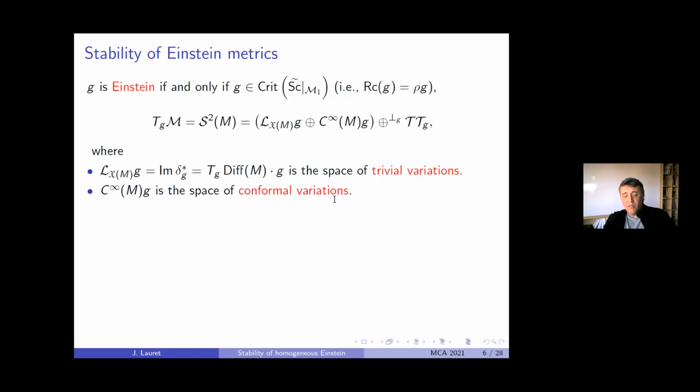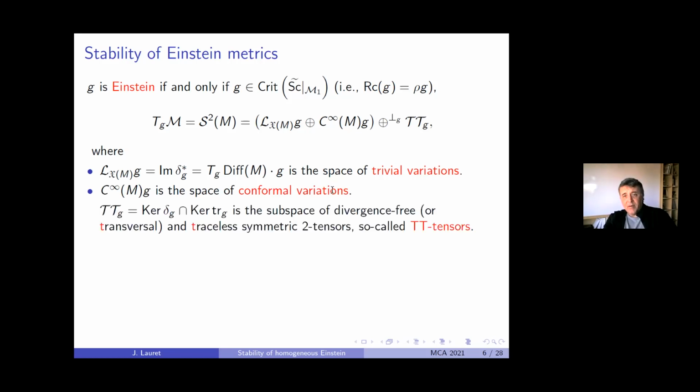Then you have these conformal variations. And then finally you have this subspace called the TT tensors, which is the relevant subspace to consider.